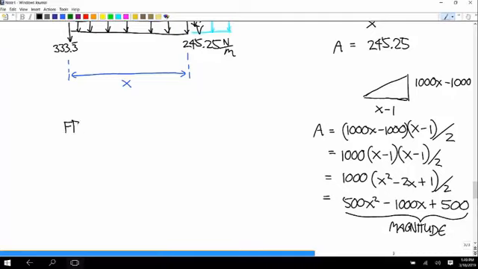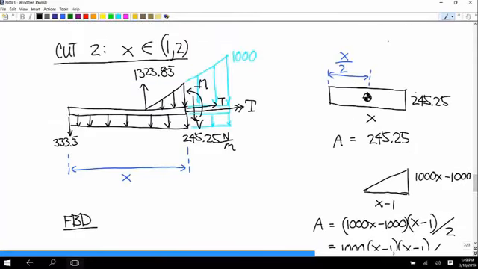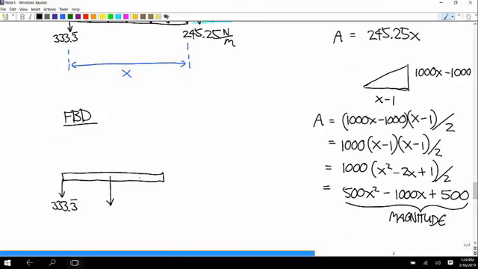Okay, so now redo the free body diagram. You have a downward force of 333.3 repeating. You have a weight force of 245.25x acting at the middle of this piece.